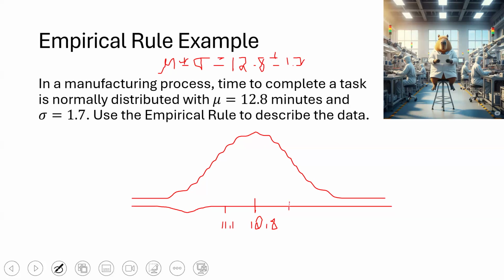Now, because of the symmetry, the 14.5 should lie about the same distance from 12.8 as the 11.1. So this interval is 1 standard deviation up and down. Our empirical rule says we'll find 68% of the data lying in that interval, 11.1 to 14.5.